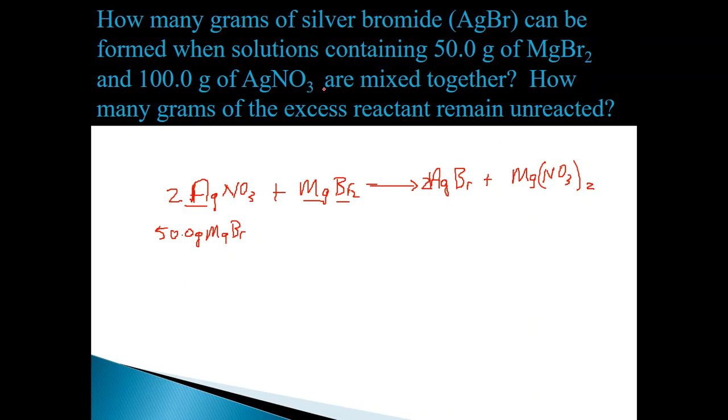We have to figure out how much of the product you expect to get. The product that we're trying to determine the mass of is the silver bromide. So the first step would be to convert from grams of magnesium bromide, which should be MgBr2, to moles. So you're going to have 1 mole of MgBr2, and below you're going to have the molar mass of magnesium bromide.